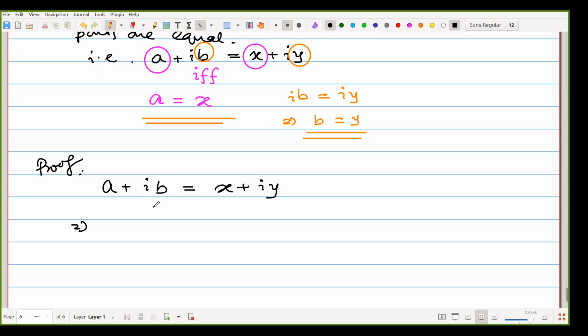Just write down the right hand side from the right hand to left hand. That means A plus iB minus x plus iy is equal to 0.